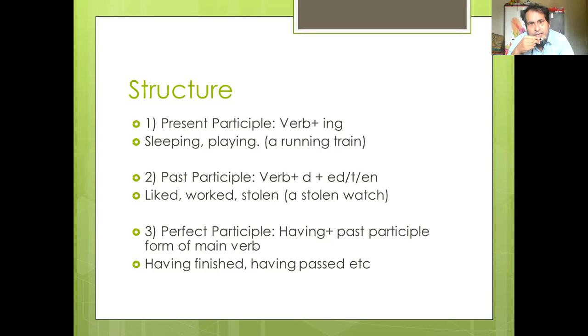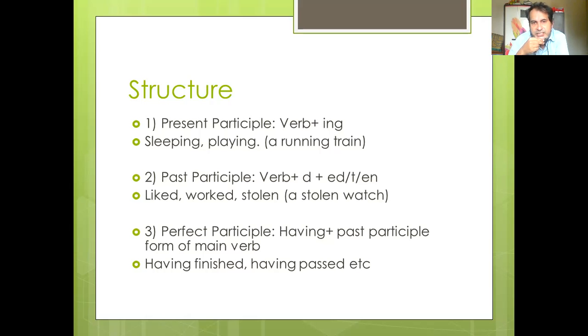More and more examples can be given of these things, past participle or present participles. Now the third part is the perfect participle. Having done the work, I went to study. Having. So how is this formed? Having plus the past participle form of the main verb.